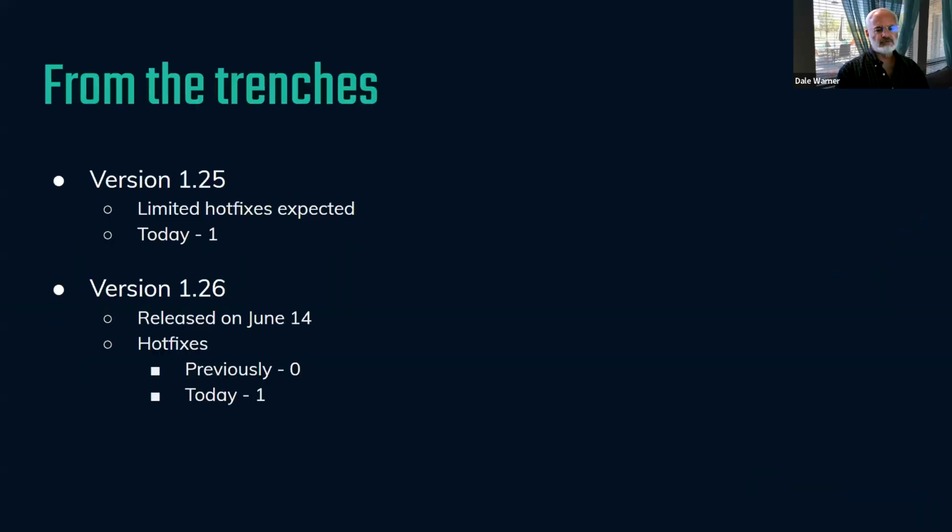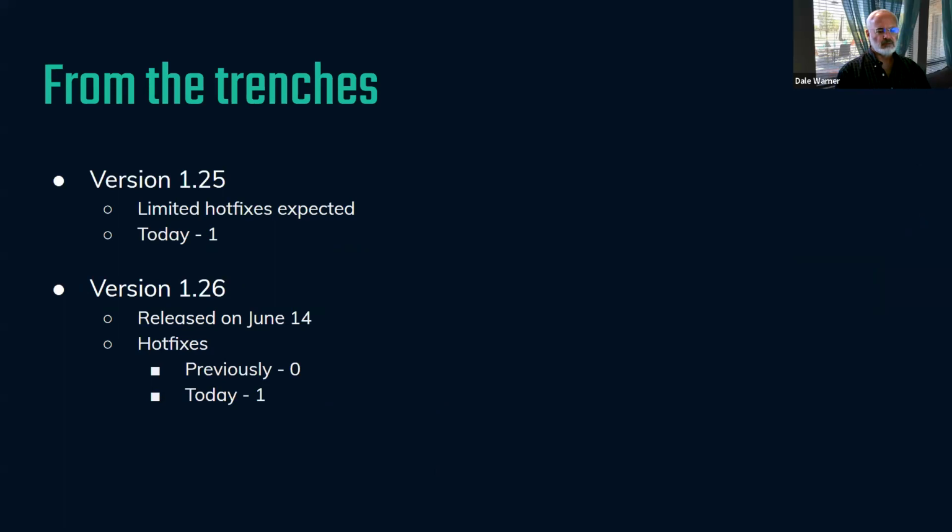So from the trenches of support, version 125, we just released version 1.26 on June 14, just a few days ago. And so for version 125, I would expect limited hotfixes after this.